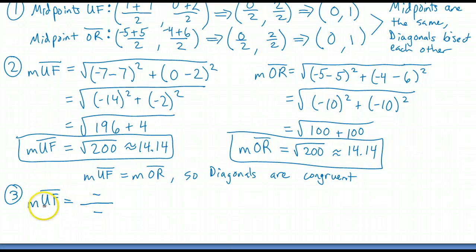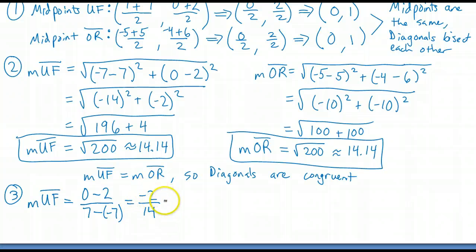And I look at my U and my F, and I find the ordered pairs, and I take y2 minus y1 over x2 minus x1. Now I need to do this math. 0 minus 2 is negative 2. And 7 minus negative 7 is positive 14.